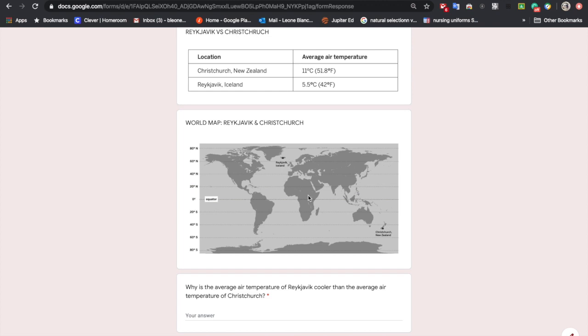Even though it's comparing for a colder place, the reasoning and rationale is still the same. This time, instead of Christchurch being colder, it's warmer, and it's for the same reason. It is now closer to the equator than the other city. So if we compare New Zealand and Iceland, New Zealand is still closer to the equator.